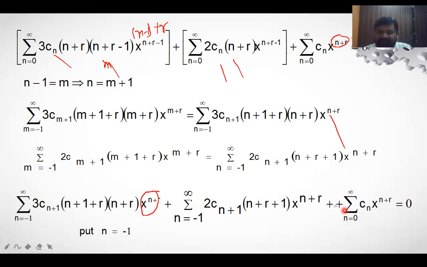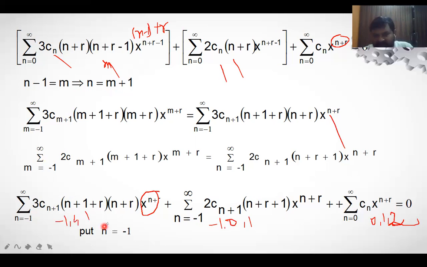Now you have to make the range of all the terms unique. This range varies from minus 1, then 0, 1 and so on. In the second term also, minus 1, 0, 1 and so on. What is the common range for all the terms?